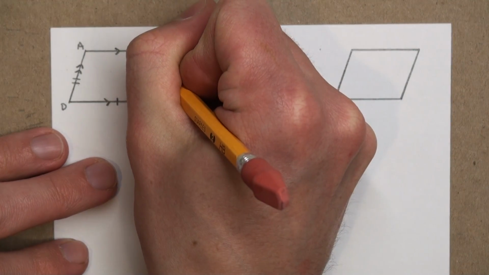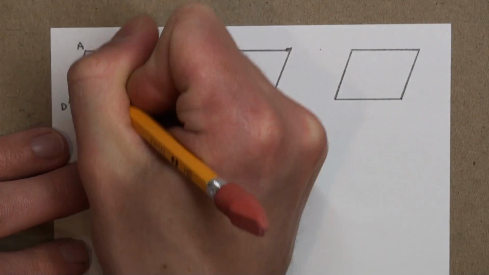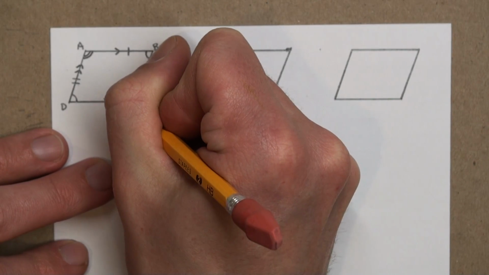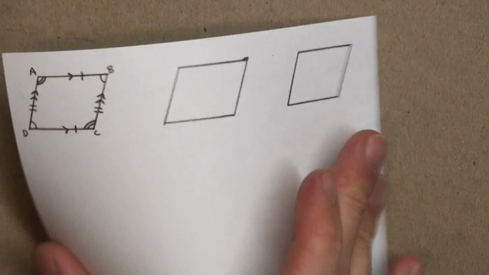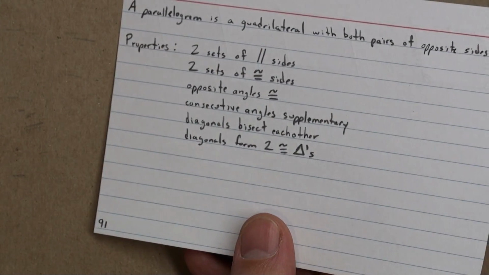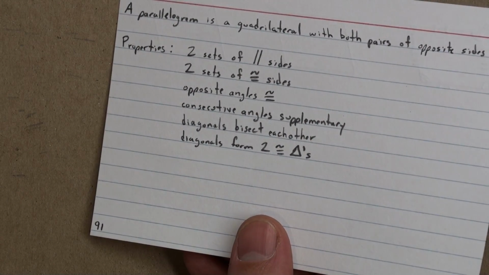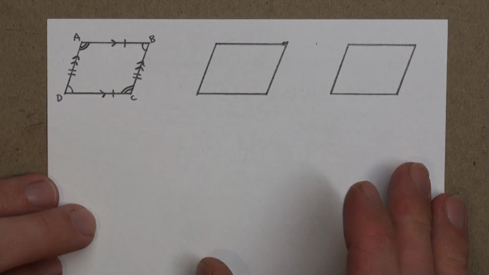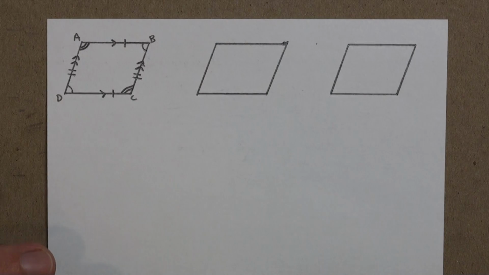So this angle is congruent to this angle, and this angle is congruent to this angle. The consecutive angles are supplementary. We can cover that on the first one. So let me sharpen this.